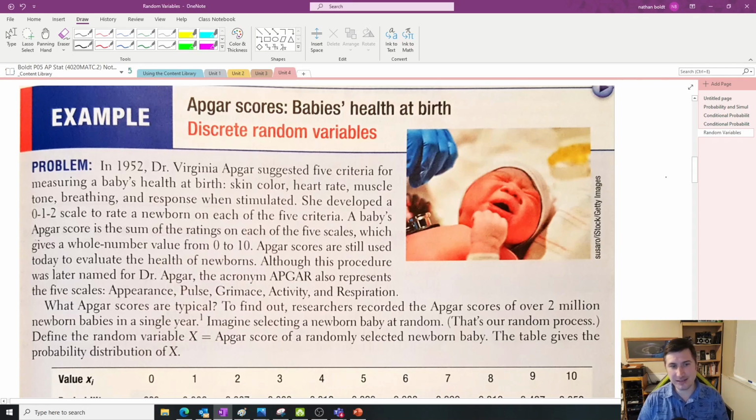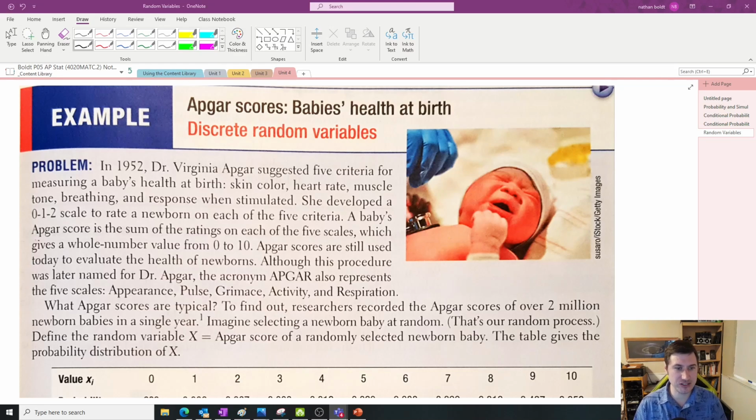So in 1952, Dr. Virginia APGAR suggested 5 criteria for measuring a baby's health at birth: skin color, heart rate, muscle tone, breathing, and response when stimulated, which is a simple way of saying they pinch the baby. She developed a 0-1-2 scale to rate a newborn on each of the 5 criteria.